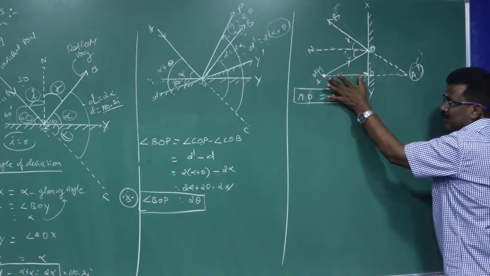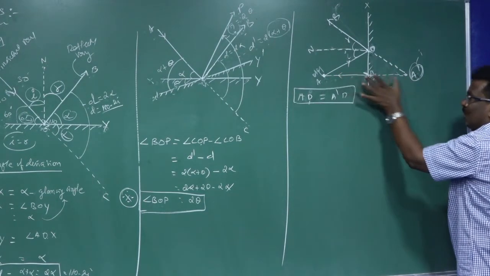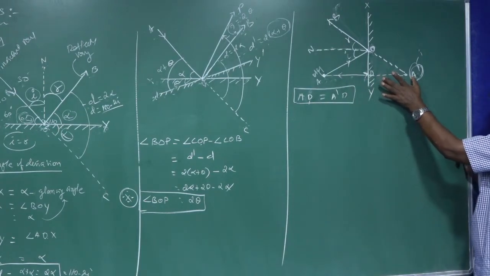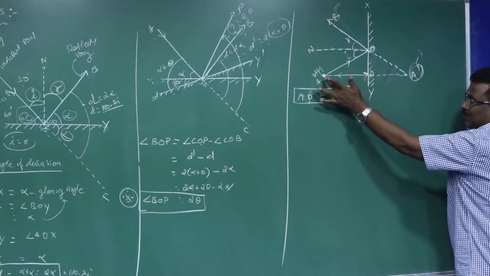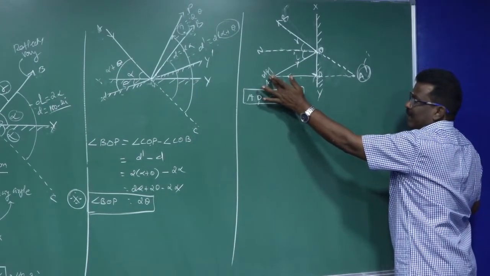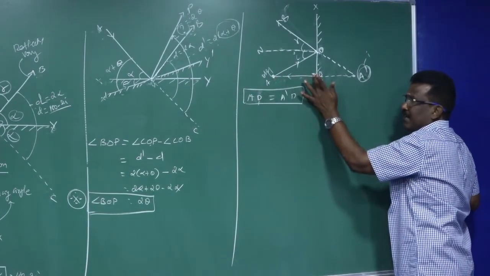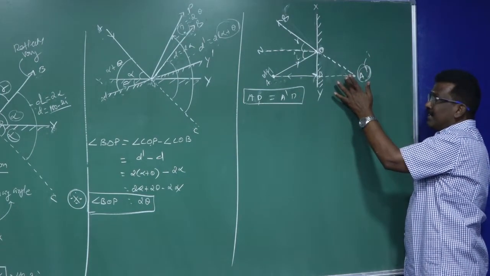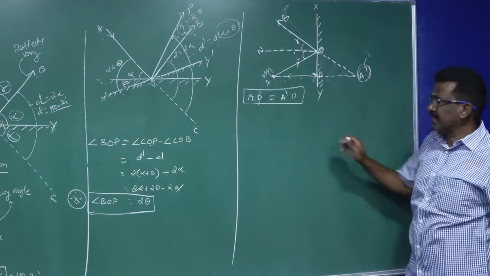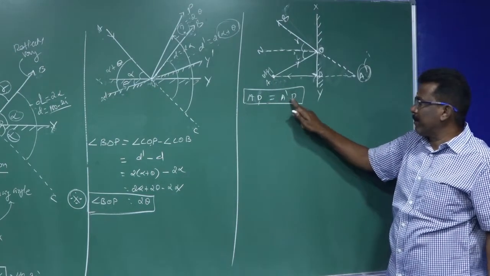Suppose the object is placed 10 feet in front of the mirror, the image would appear 10 feet inside the mirror. So AD is equal to A prime D.